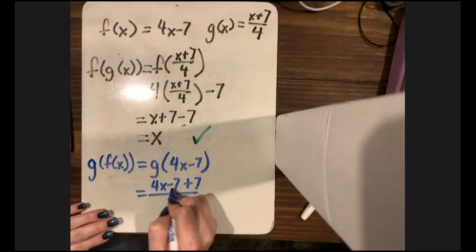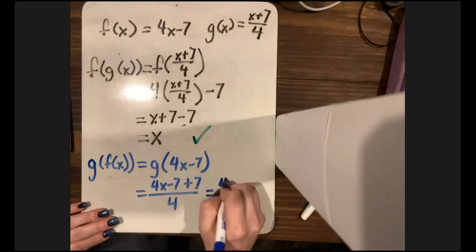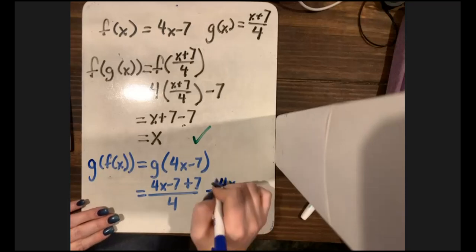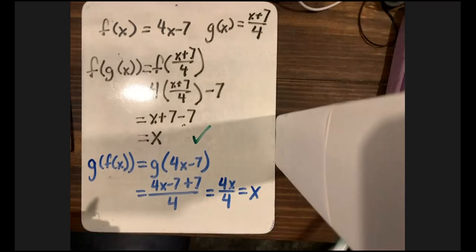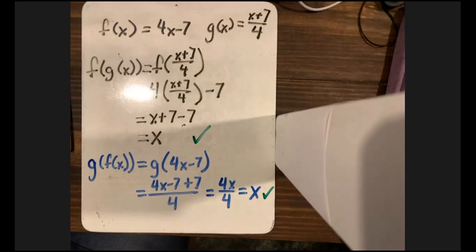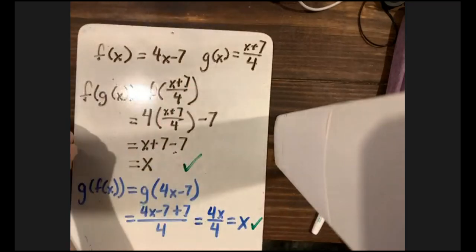The minus 7 plus 7 here on the top will cancel off. So it's going to be a 4x over 4. The 4 and the 4 will cancel away, leaving me an x. This is good. Okay. So now what I have is these two are inverses of each other.